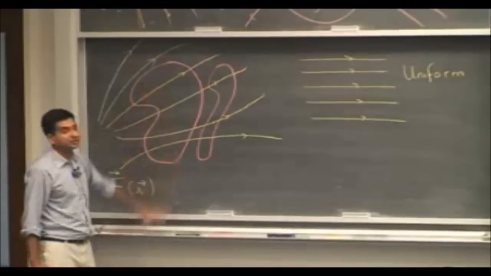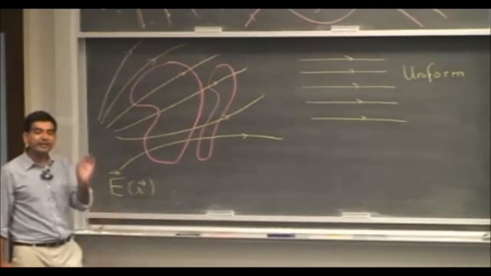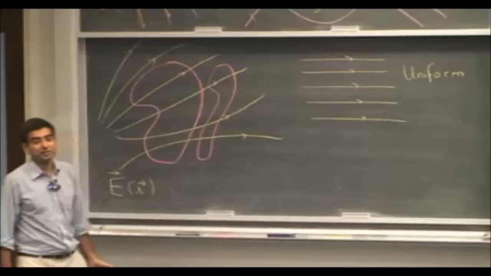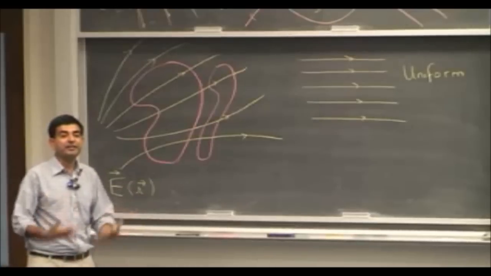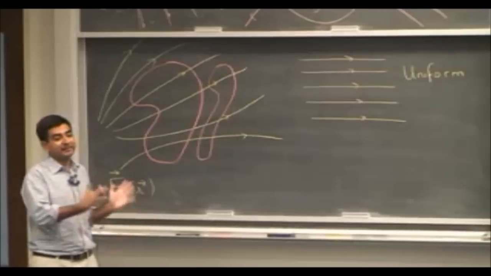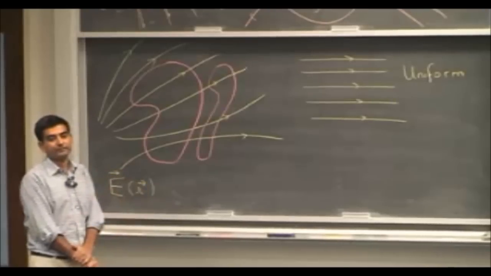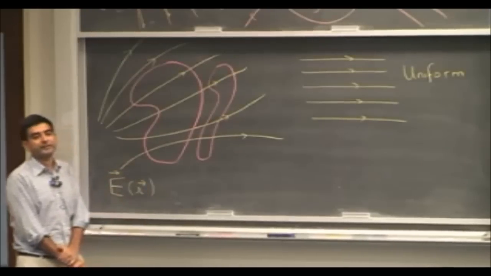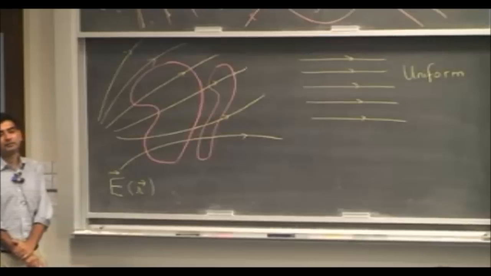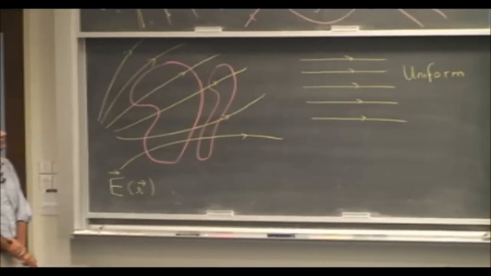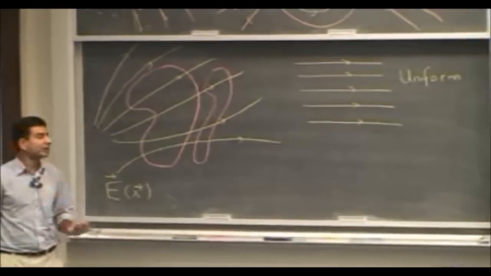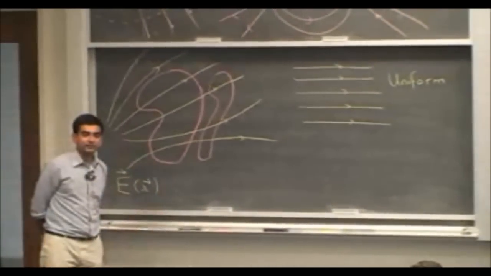However, I can have three-dimensional surfaces as well. So in each of these cases, I would like to ask the question, how many electric field lines pierce this surface? Not necessary. This is the question that I would like to pose. How many field lines pierce this surface?